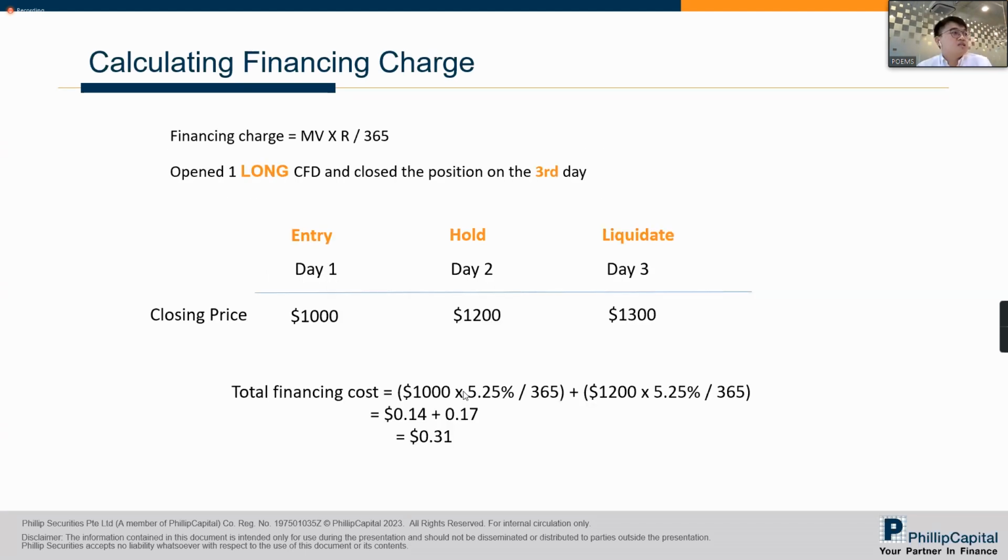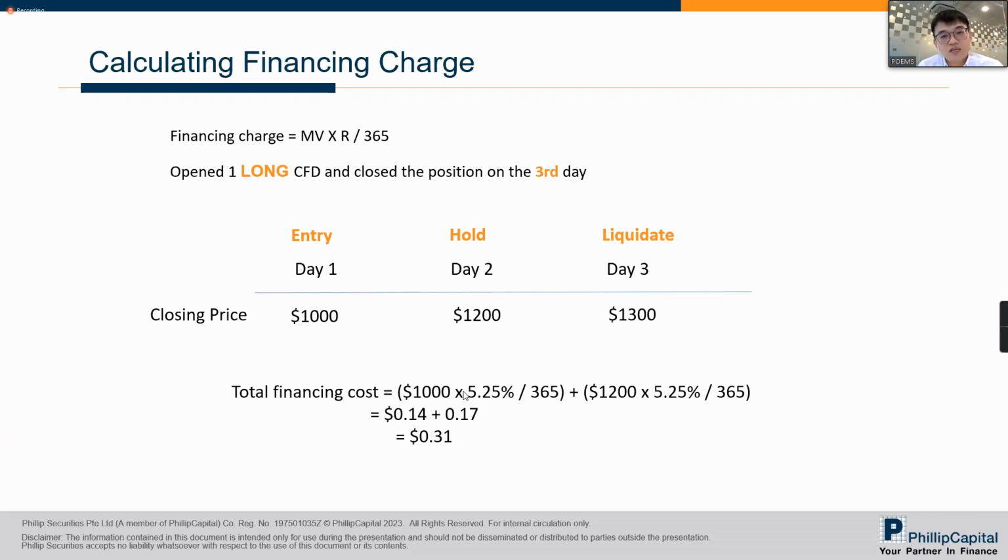Okay, so the financing charge is market value times 9 divided by 365. If you open one long CFD and close the position on the third day, the entry on day one, the closing price is $1,000. Then you hold until day two, $1,200, and you liquidate on day three when the closing price is $1,300.